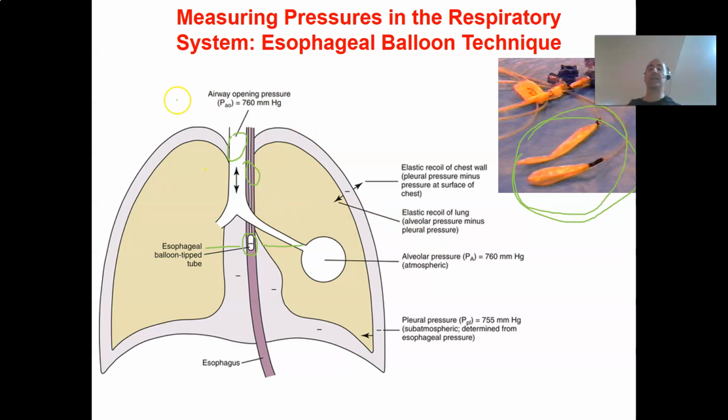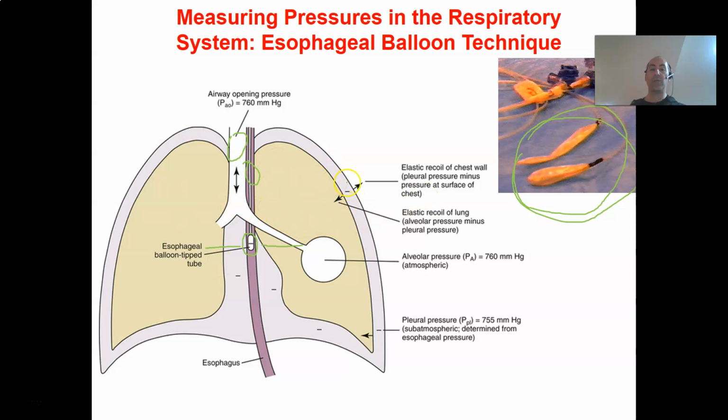So in this diagram, we're going to say that airway opening pressure is 760 millimeters of mercury. That's just atmospheric. Elastic recoil of the chest wall is the pleural pressure minus the surface of the chest.